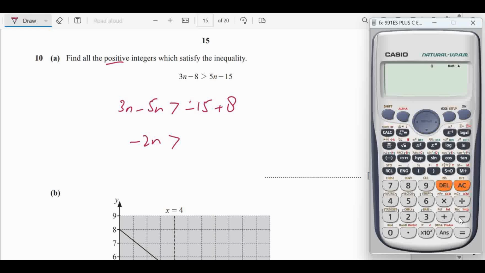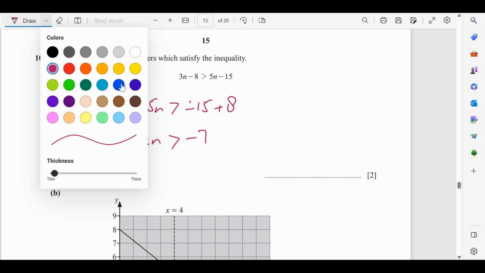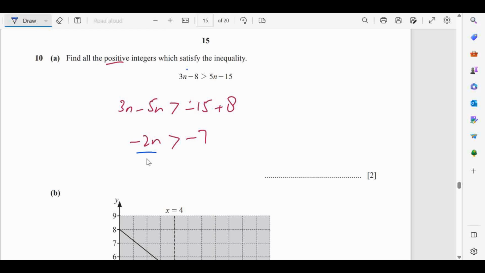Now we need to divide by a negative number on both sides, so be very careful about it. It means we need to change the inequality, so n will be less than 7 by 2. So 7 by 2 means that n will be less than 3.5.